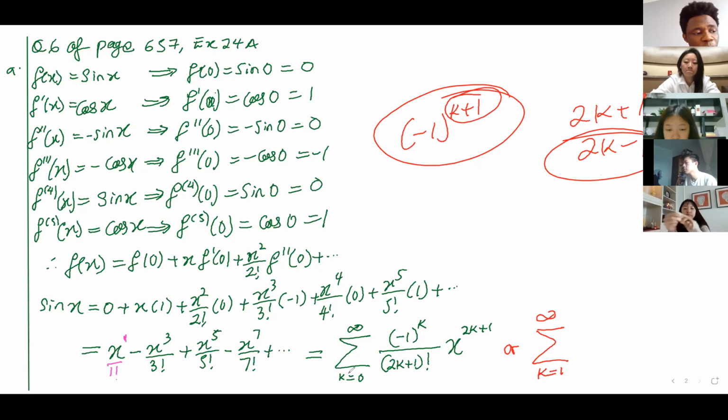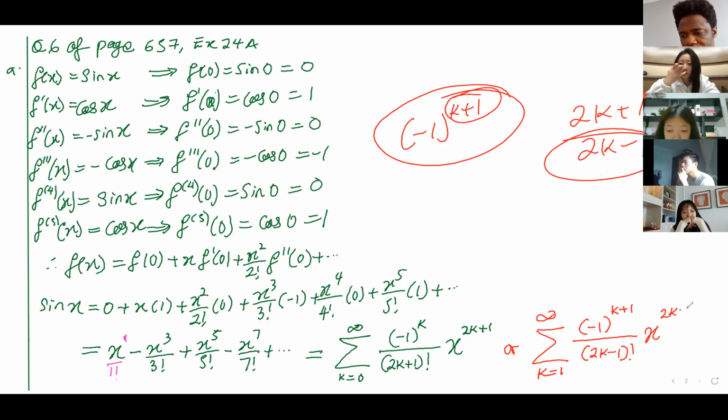So if the result wasn't k starting from 0, if it was starting from 1, then this is the answer that would be expected of you. Minus 1 raised to power k plus 1, or even k minus 1 could be used as well. Raised to power k minus 1, then this would be 2k minus 1 factorial, everything raised to power 2k minus 1.